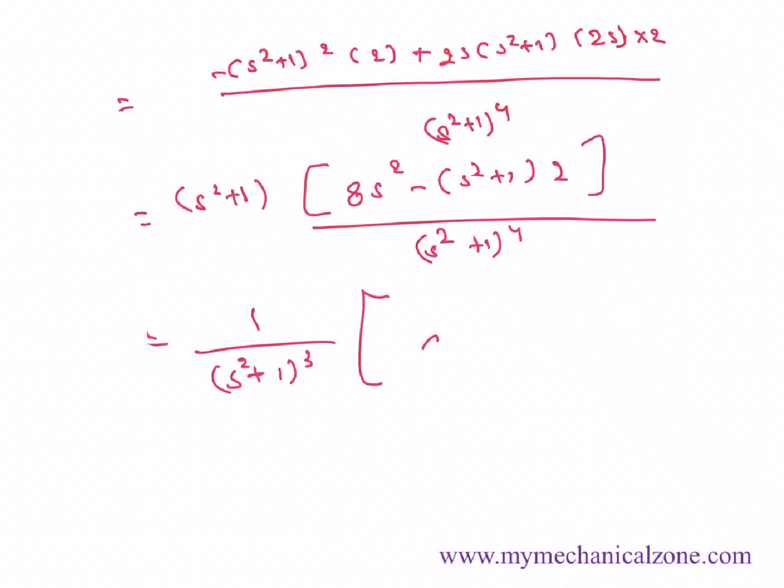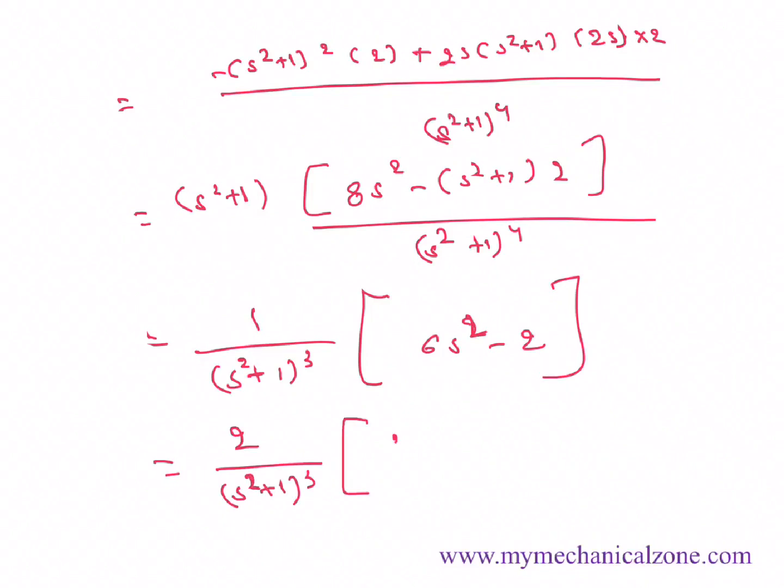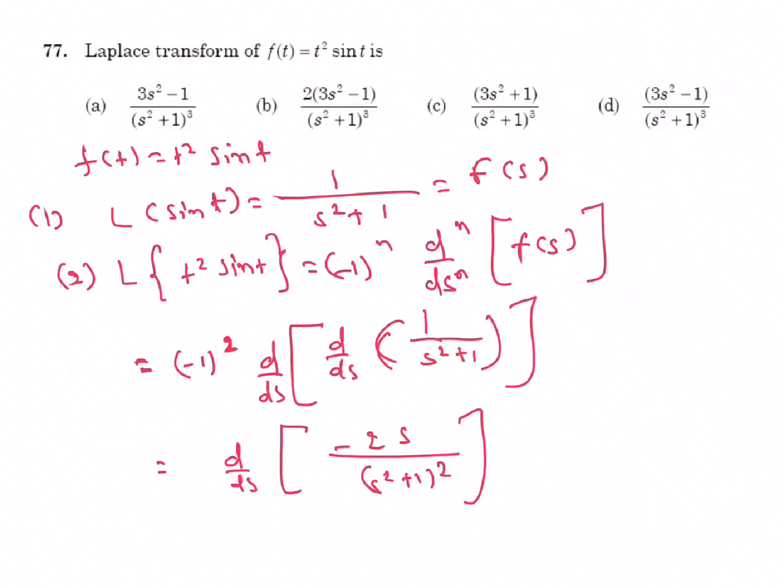It's into 6s square minus 2, or you can write 2 by (s square plus 1) cube into 3s square minus 1. So from option, B is your correct answer.